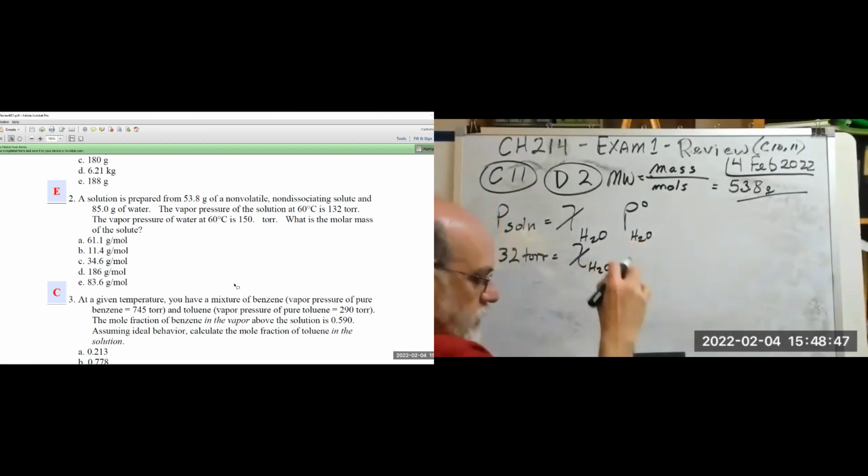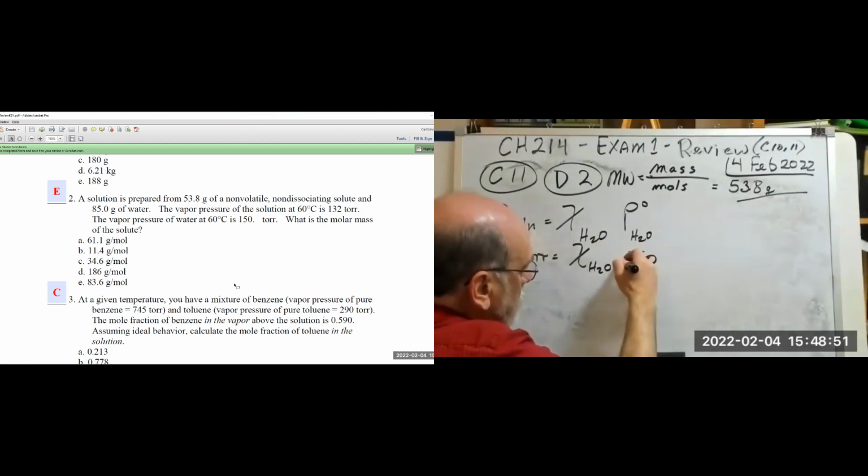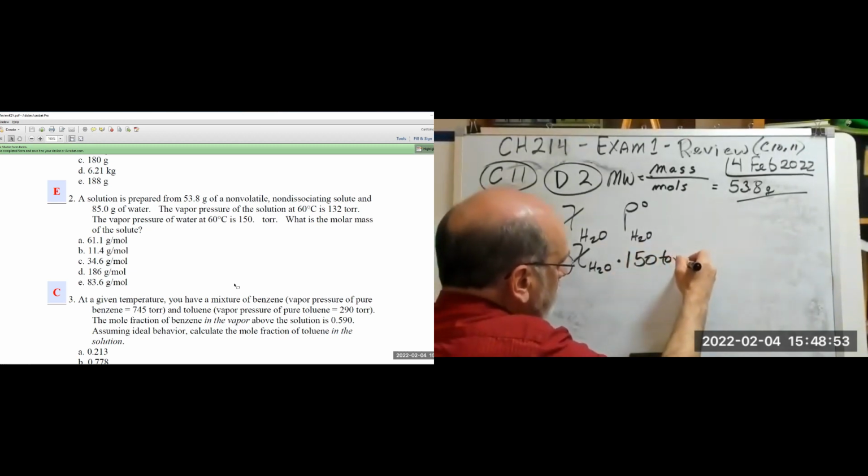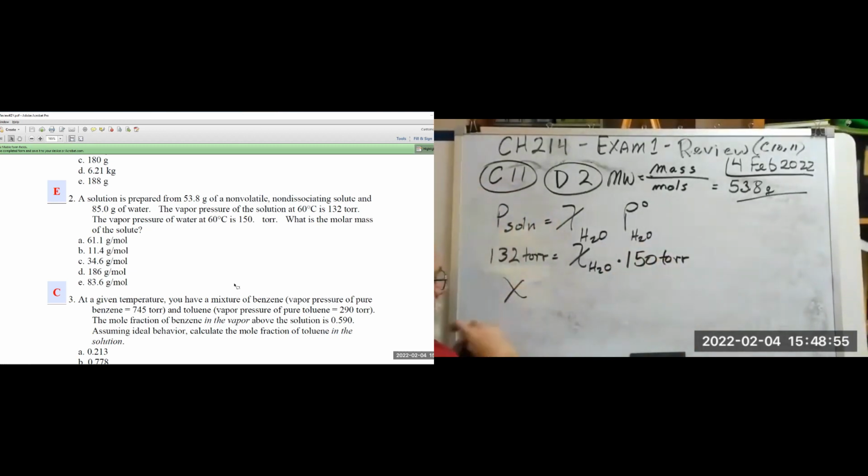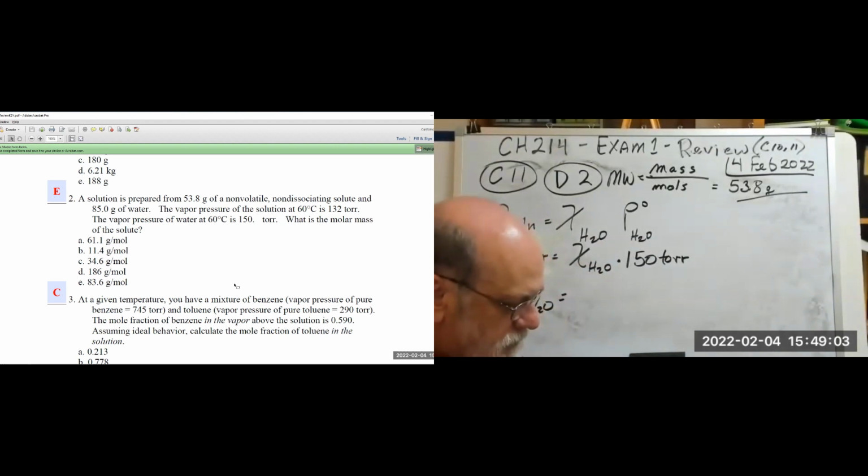And we do know this one, which is 150 torr. So the mole fraction of water is 132 divided by 150, which is 0.880.